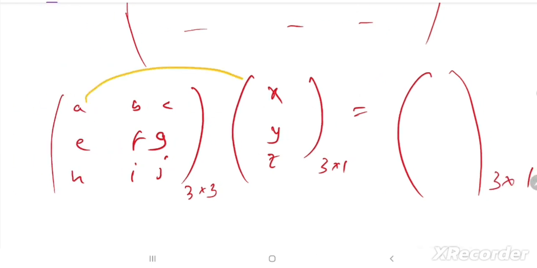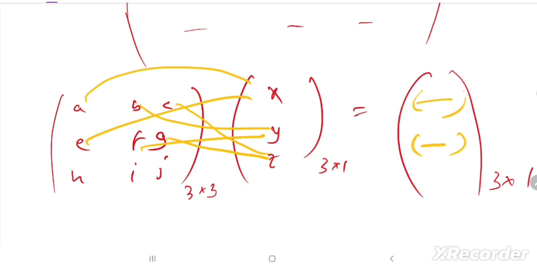Multiply like this: A with X, B with Y, C with Z, and add all of them. Then E with X, F with Y, G with Z, add all of them, and H with X, I with Y, and J with Z, and add all of them. Basically, this is the method to multiply two unsymmetrical matrices.